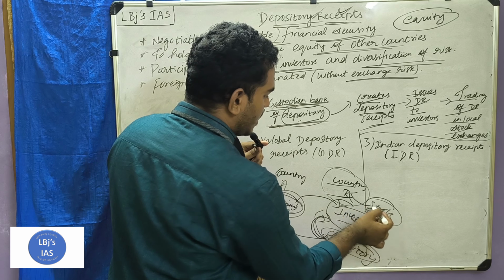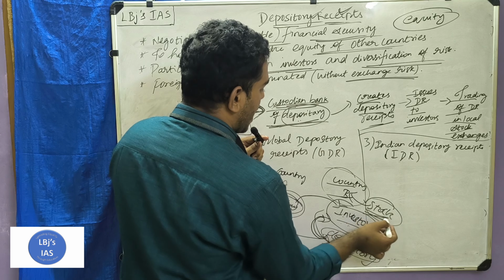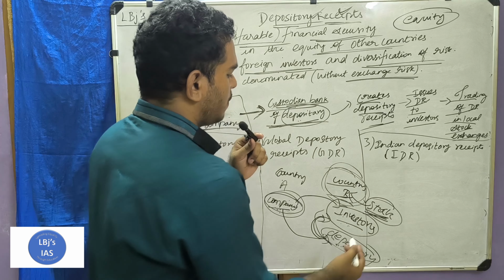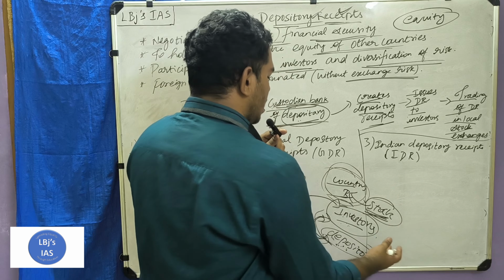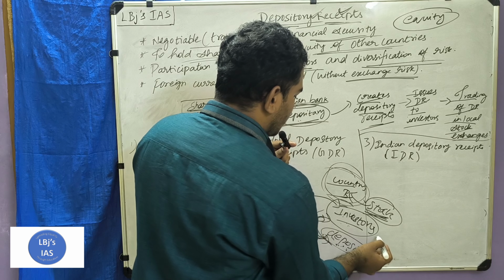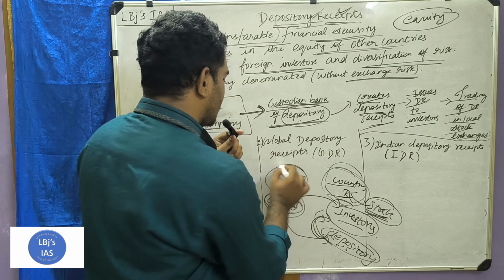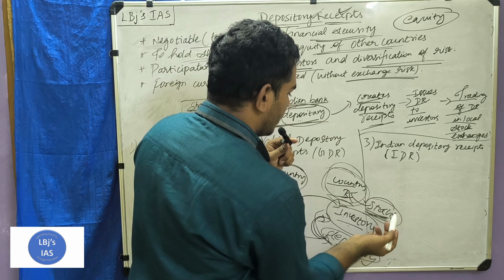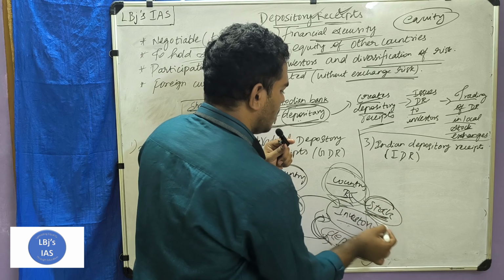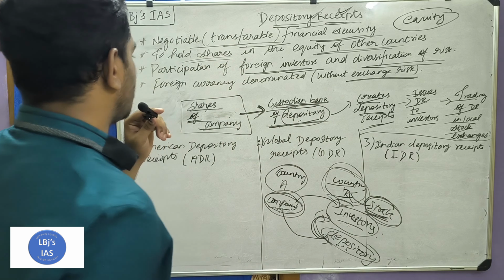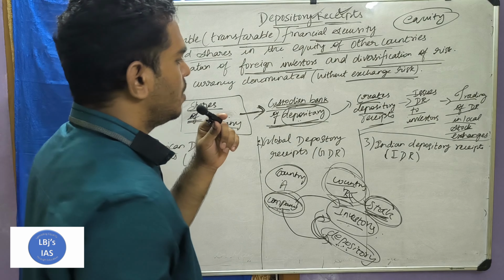Then trading of such depository receipts will happen in the stock exchanges of country B. So if any investors want to trade a share of a company situated in country A, they can trade their depository receipts in the stock exchanges of country B. This is how depository receipts work.